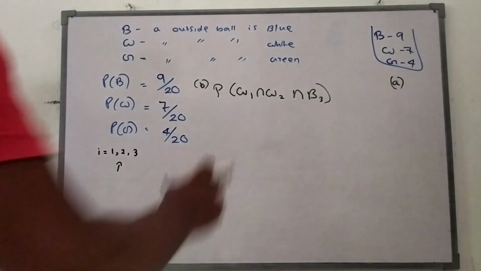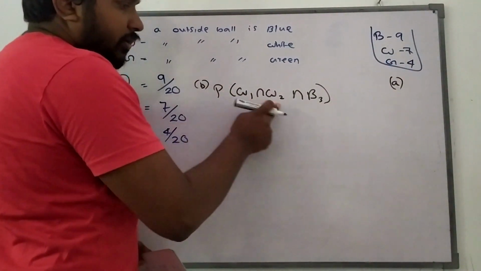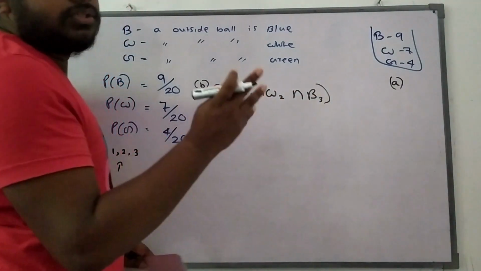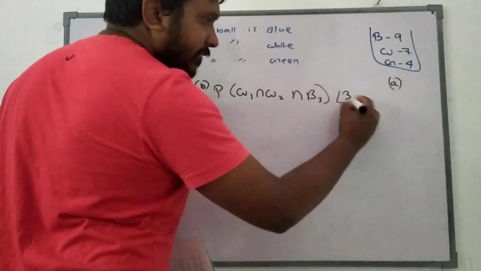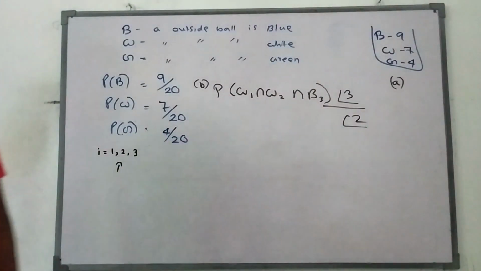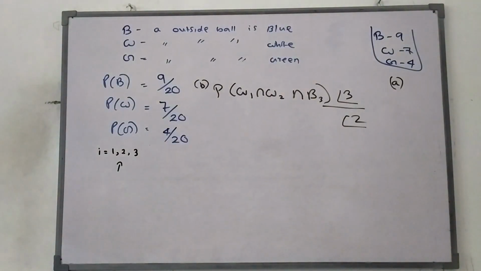So you can see here these two white balls are the same, and we have all together three balls. Therefore factorial 3 divided by factorial 2, for the same thing happening twice. We have discussed these things in our permutation and combination lessons.